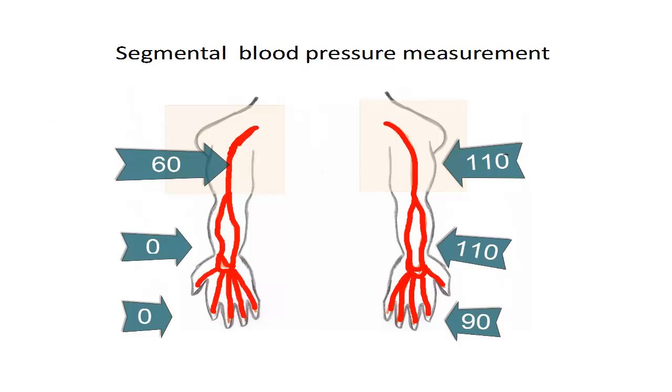Segmental arterial pressure was performed in our patient, and right brachial artery has shown 60 mm Hg, which was 50 mm lower than was measured on the left arm.